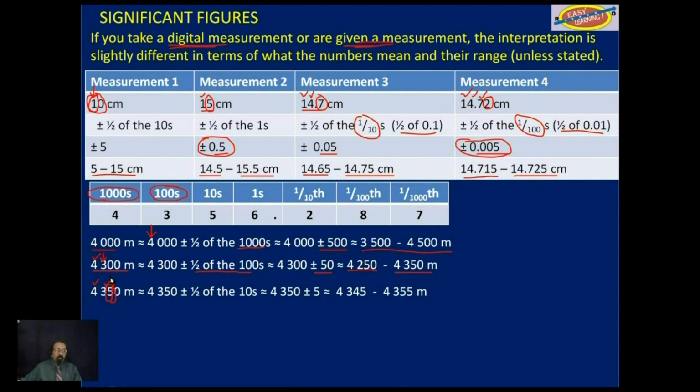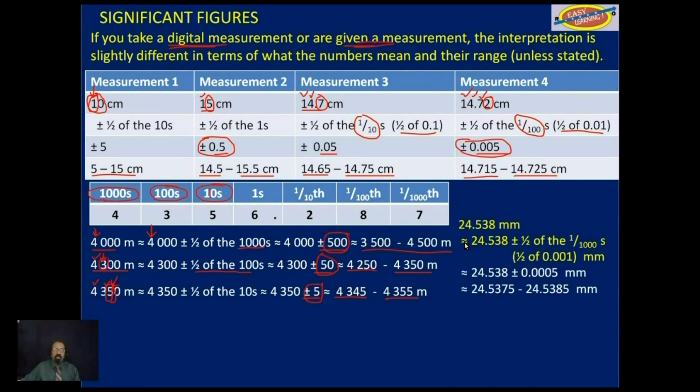So since that 5 is in the tens position, we will take half of this 10, which will give us 5, and our measurement actually now means 4,350 plus or minus 5. You will get 4,345 to 4,355.